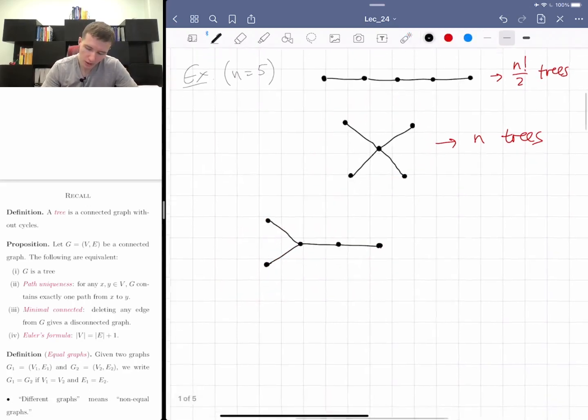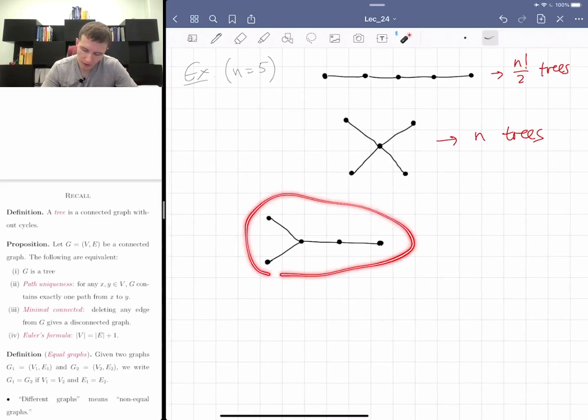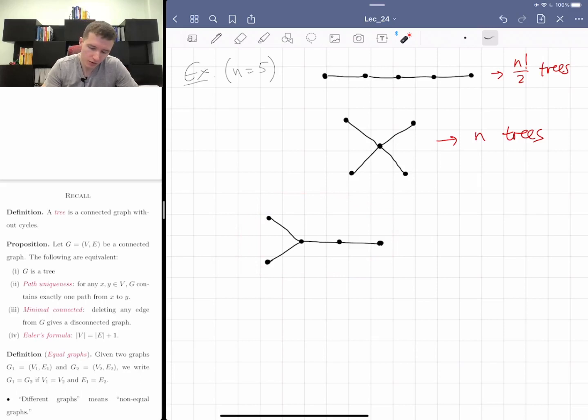And so how many labeled trees does this one give us? The answer is you can still label it. You can start with any permutation: w1, w2, w3, w4, w5, and basically the vertices 3, 4, and 5 are special, right?